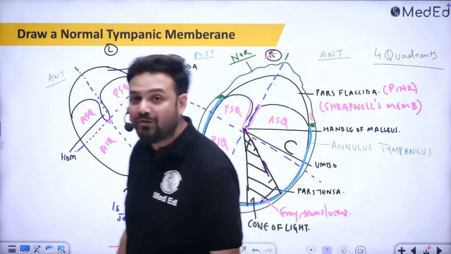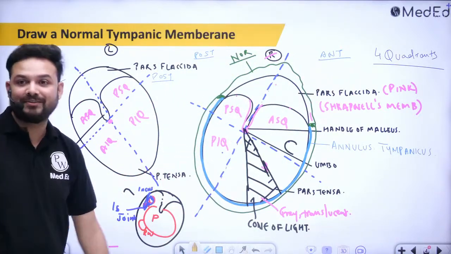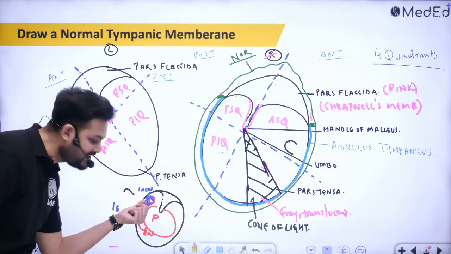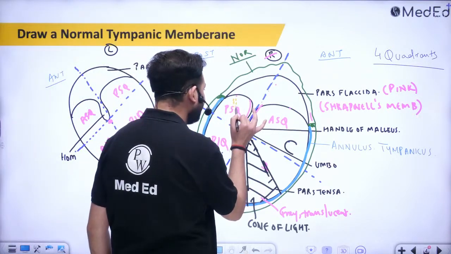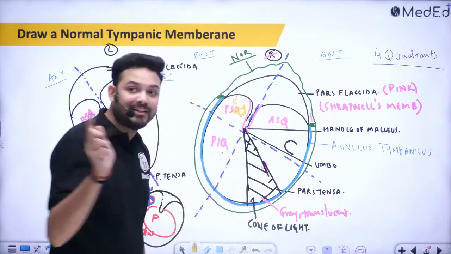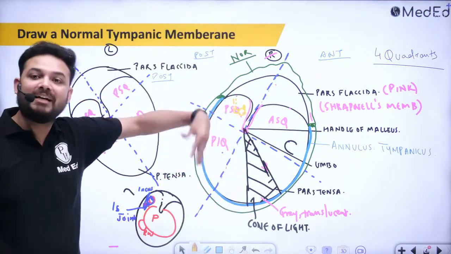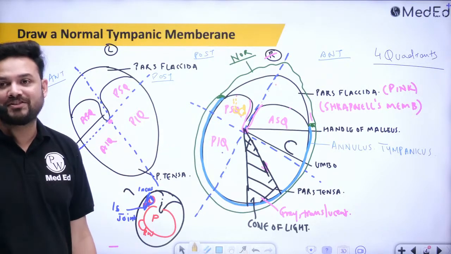It will be over this posterior superior quadrant. Absolutely right. Because see, this is posterior superior. So you will see the incudostapedial joint shadow over here. It's medial. Always remember, I'm seeing a shadow. So I'm seeing a shadow of this incudostapedial joint in my posterior superior quadrant.